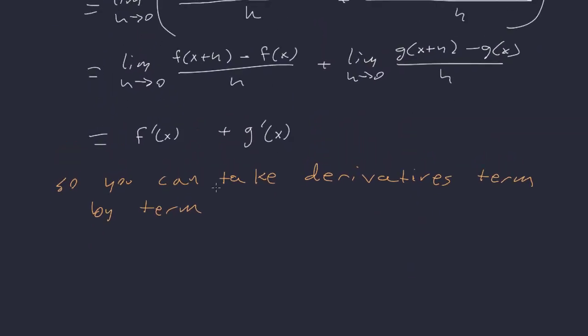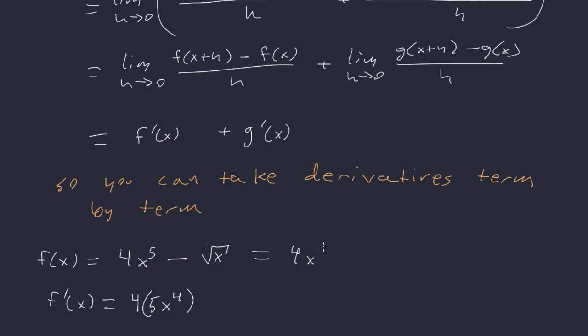So, for example, if we have this function f of x is 4x to the 5th minus square root of x, for f prime we just take these derivatives piece by piece. The constant comes along for the ride, so it'll be 4 times 5x to the 4th. Now, minuses, we still use a sum rule, because this is technically 4x to the 5th plus a negative 1 times the square root of x.